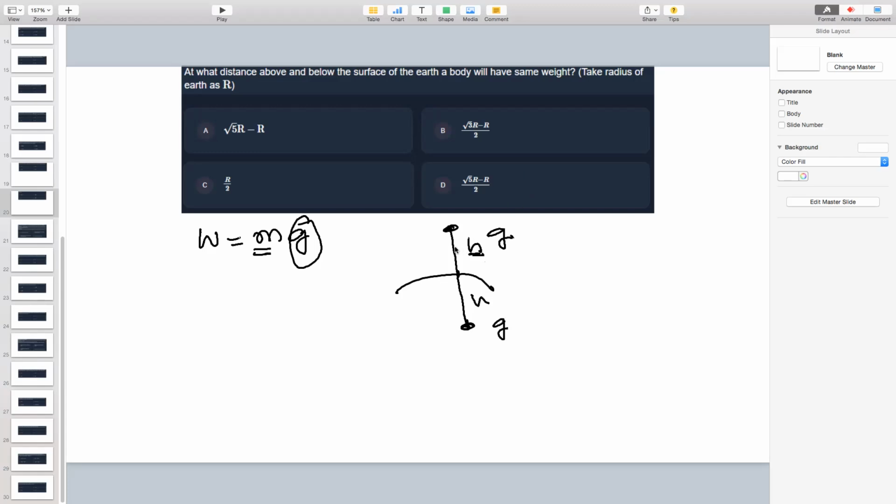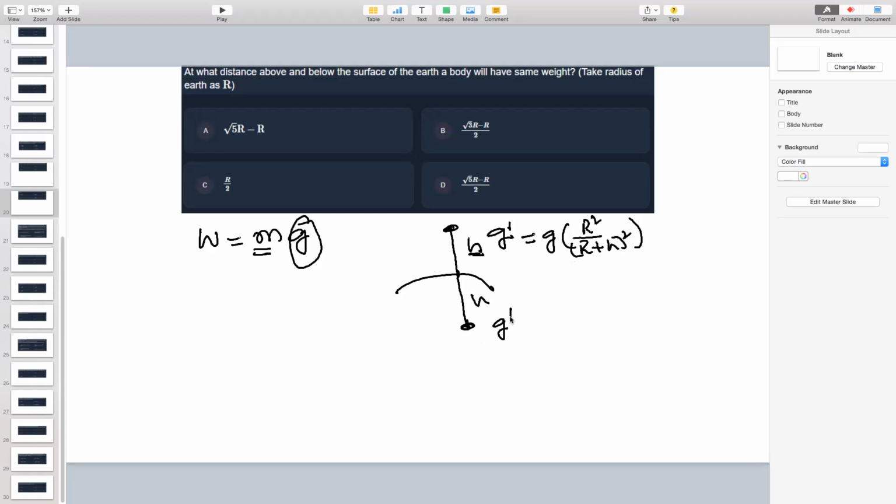We have to find what will be the value of h. Now, at some height h, what will be the value of g? Suppose I take g prime, what is the value of g prime at height h? Yes, it is g into R square by (R plus h) whole square.